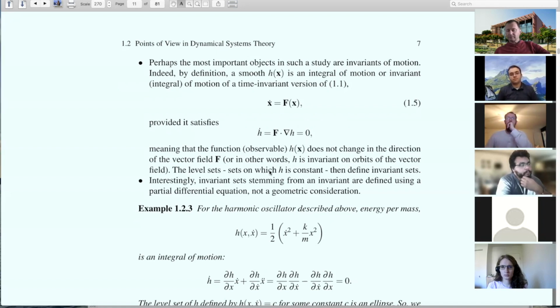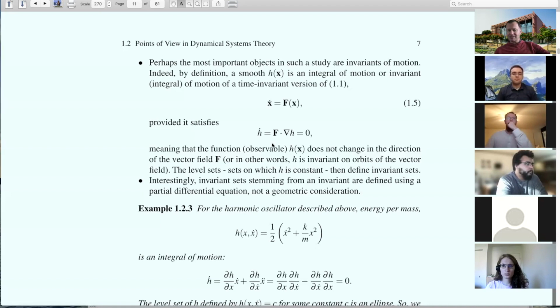So let me point out another important concept. Suppose you found this function h, then find the sets on which h is constant. Those define invariant sets, correct? The invariant sets are the sets that if the dynamics in state space starts in them, then it never leaves them.